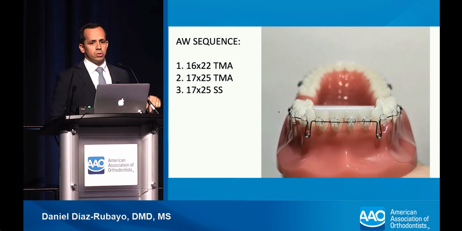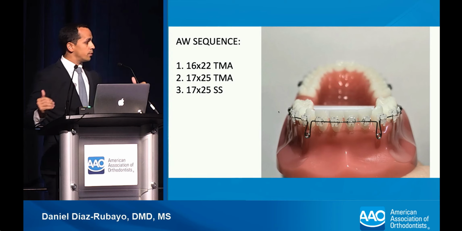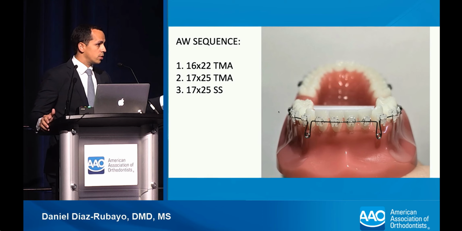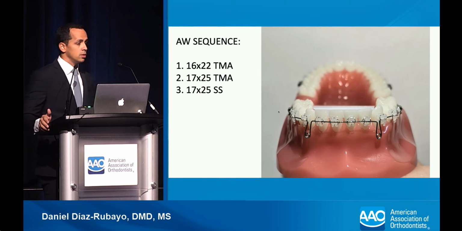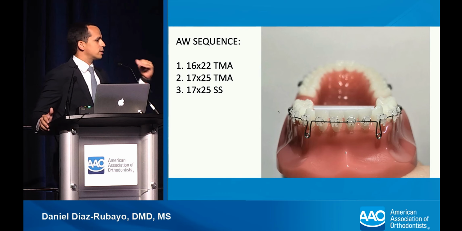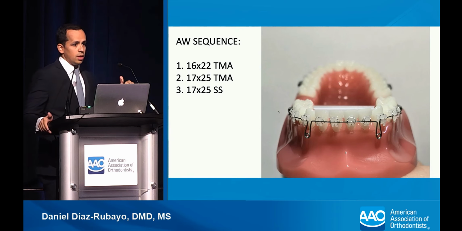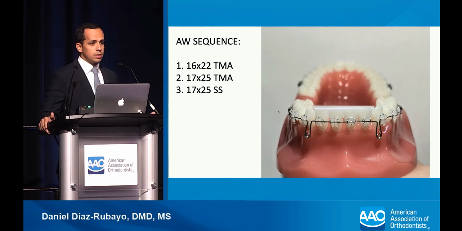Now this is the wire sequence that we use. Keep in mind that we use an 018 slot, okay? So we sent him for the decortication with a 1622 stainless steel, but then we have such an active wire, we're gonna start with a 1622 TMA, then 1725 TMA, and that could be a week later or 2 weeks later.